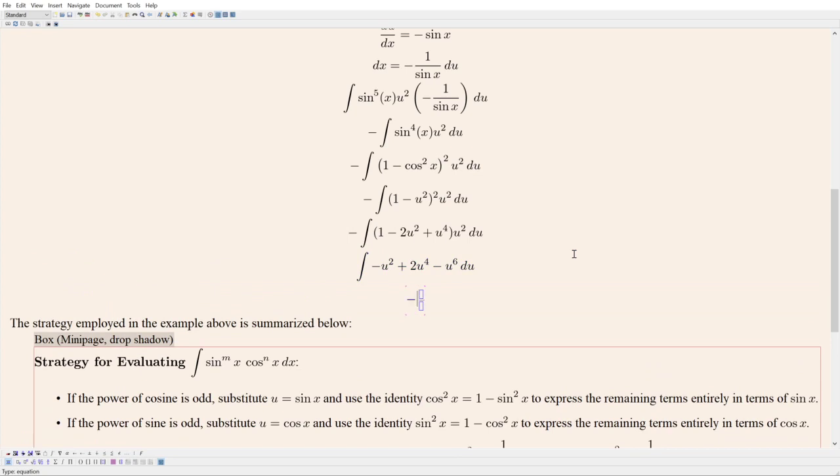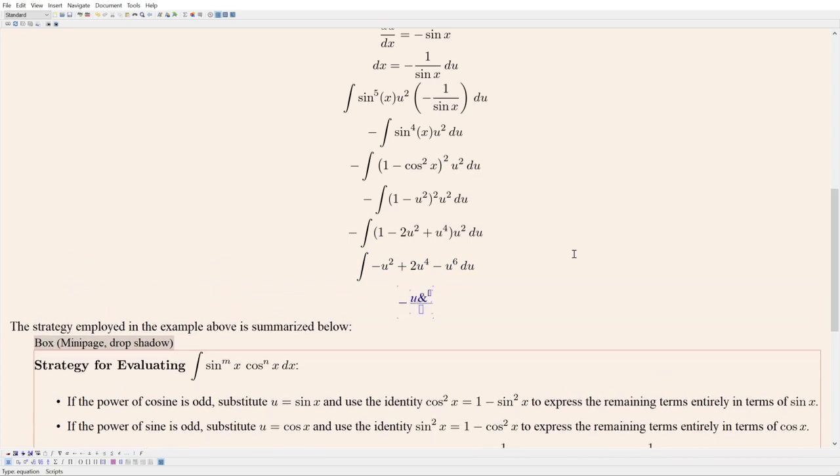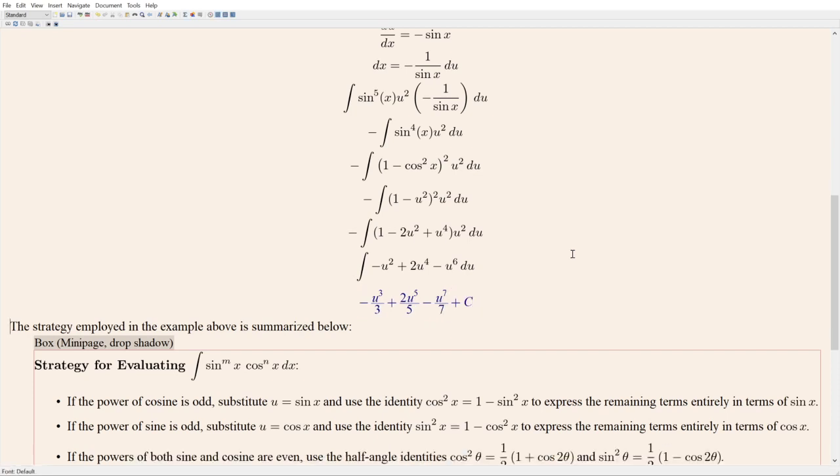So minus u cubed over 3 plus 2u to the fifth over 5 minus u to the 7 over 7 plus c. And then finally, the last thing to do is to rewrite it in terms of the original variable.